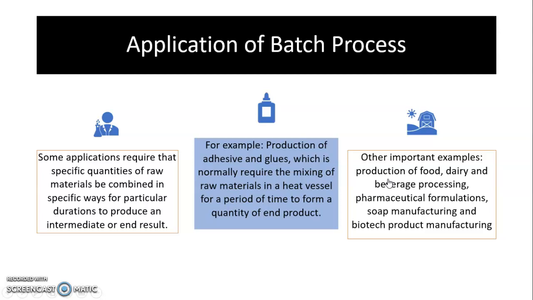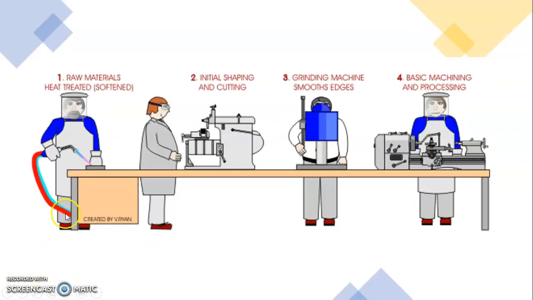Other batch productions are food production, dairy and beverage processing, pharmaceutical formulation, soap manufacturing, and biotech product manufacturing. These are examples of batch process.